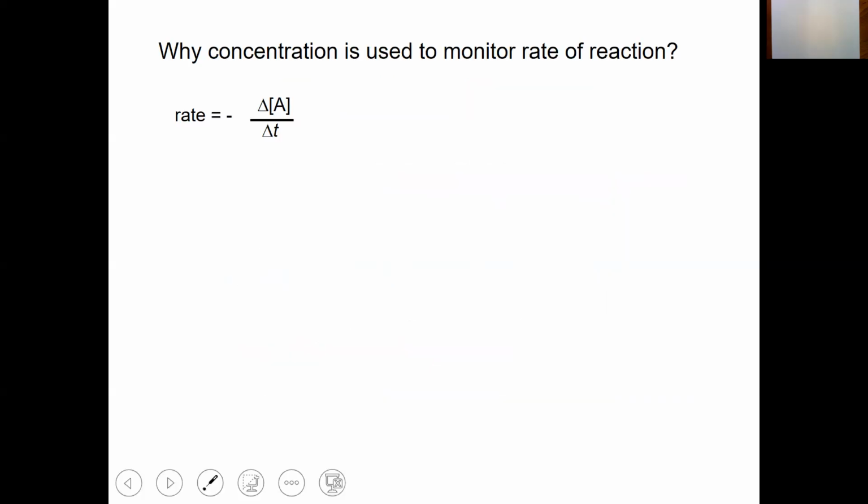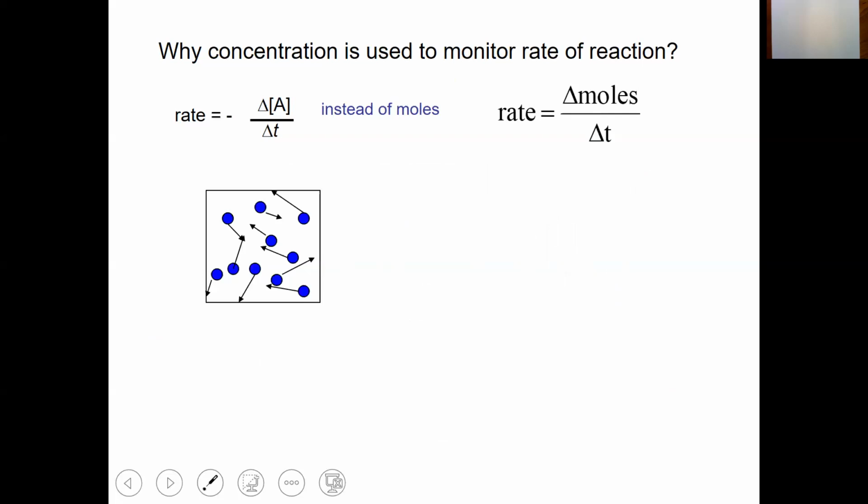You may or may not have noticed, but the y-axis was not moles. The y-axis was concentration. Why might we use concentration to compare reaction rates instead of moles? Well, in order for a reaction to happen, molecules must collide.